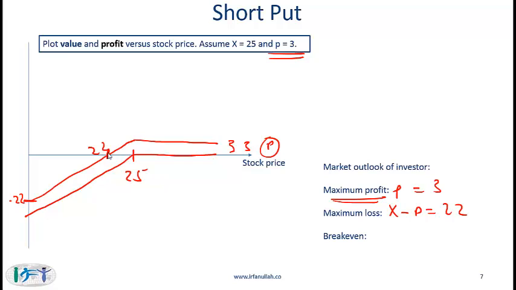The break even point is equal to 22, and that again is X minus P. The market outlook for the investor is that the stock is about stable or maybe increasing a little bit, because notice that the short put position is a little bit profitable or somewhat profitable if the stock price stays at about 25 or goes up.